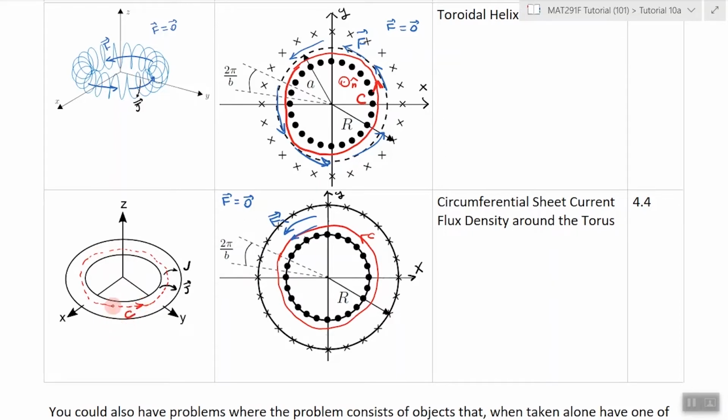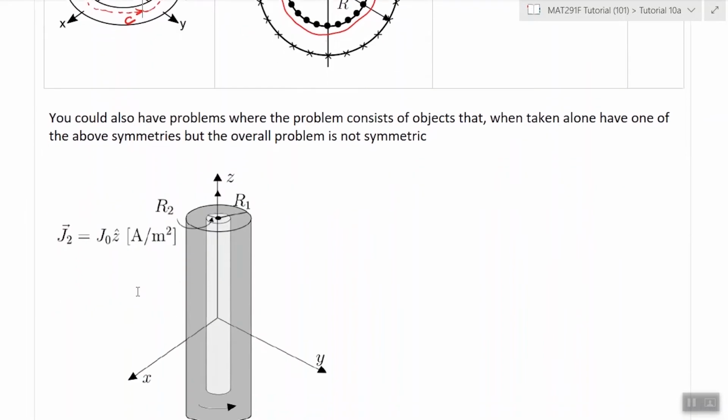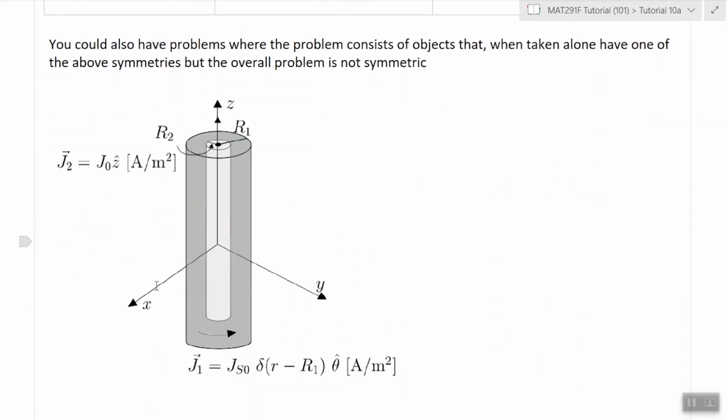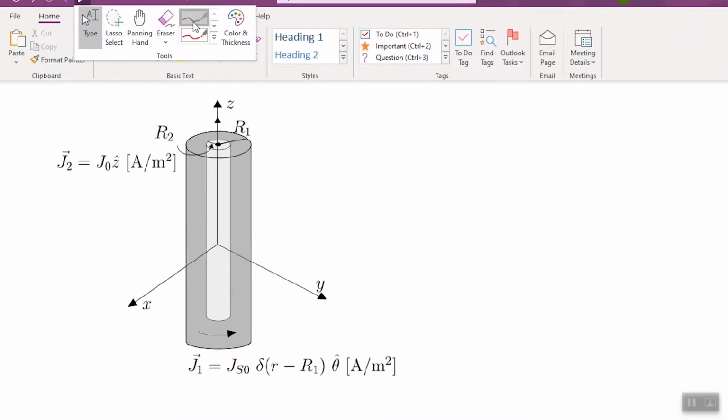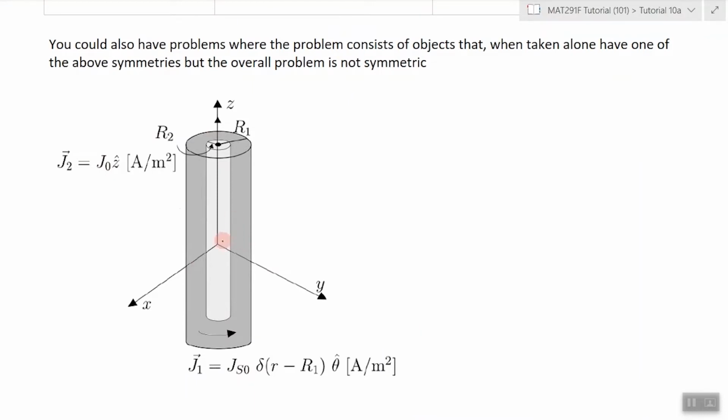You could also have a situation where your problem is not symmetric, but it's made up of symmetric objects. For example, in this problem, one of the objects you have has this kind of current density, so it's axial current density.